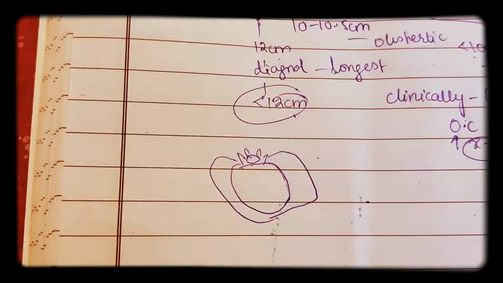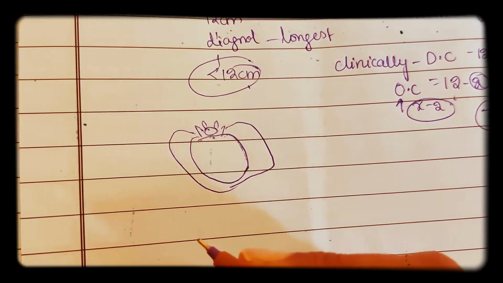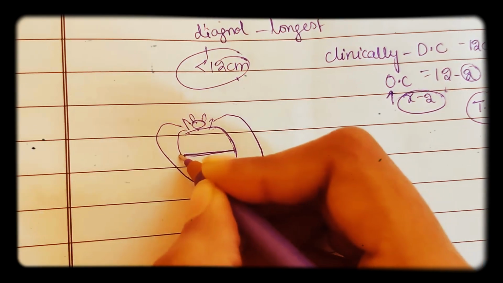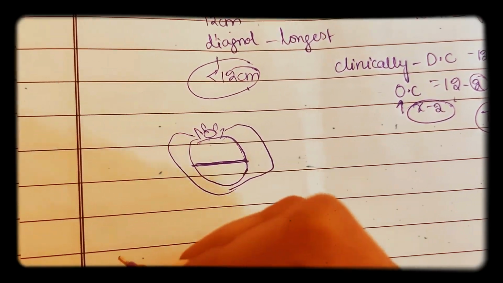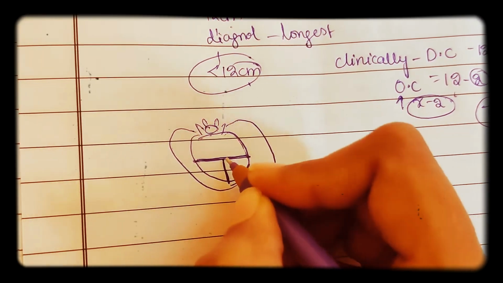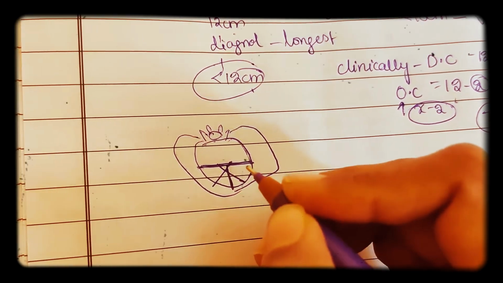These are the formulas. Now in this imaginary diagram, let me show the different lines which can be drawn in the pelvis. This diameter is called the transverse diameter. I will explain them later, I am just drawing them first.